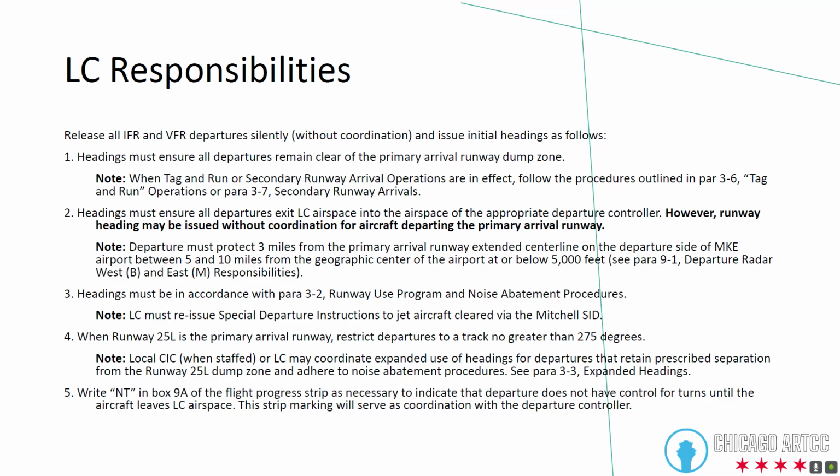I'm going to skip down to number 2. Headings must ensure all departures exit local airspace into the airspace of the appropriate departure controller. However, runway heading may be used without coordination for aircraft departing a primary arrival runway. So I say it's usually easiest to just give runway heading. And the rest there you can pause and read if you like.